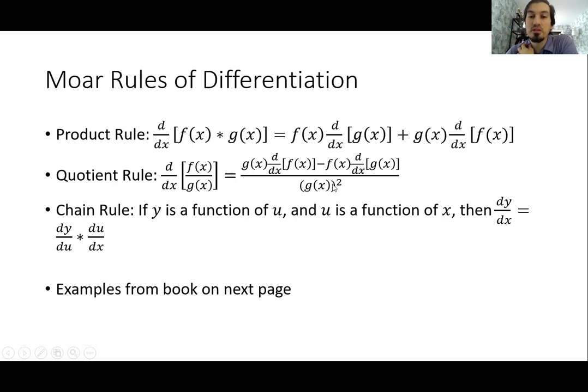That whole thing over g squared, the function g squared. G of x quantity squared, not the function g x squared. That wouldn't make sense. It's g x all squared.